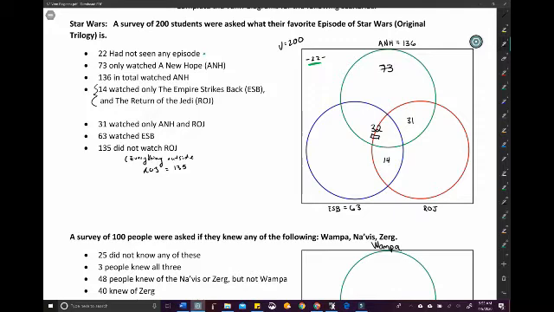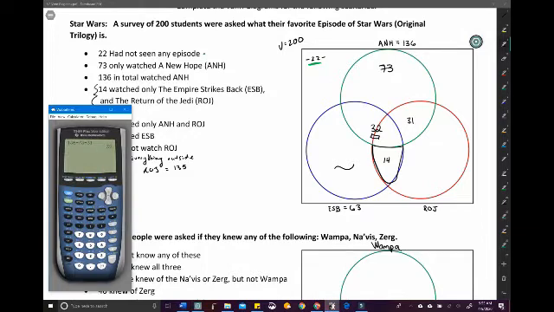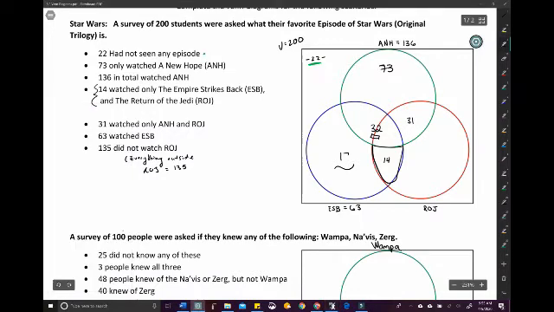Now, what else do we know then? So, Empire Strikes Back. We have this whole piece, we have this part, and we have this part, so we can find this number inside. 63, sorry. So 63 minus the 32 minus the 14 is 17.